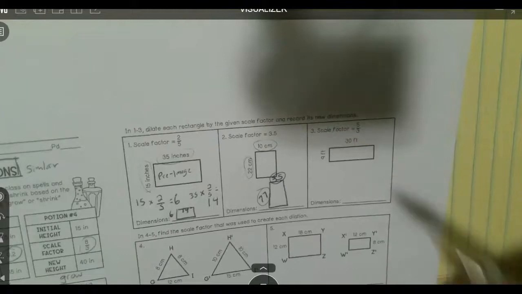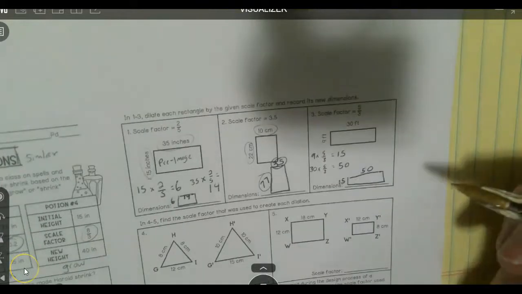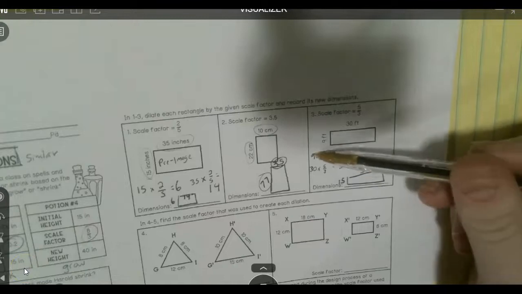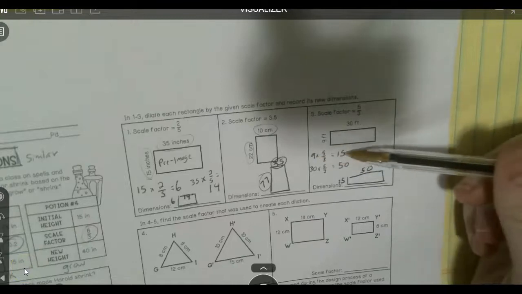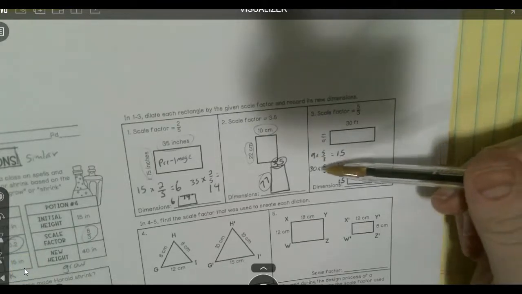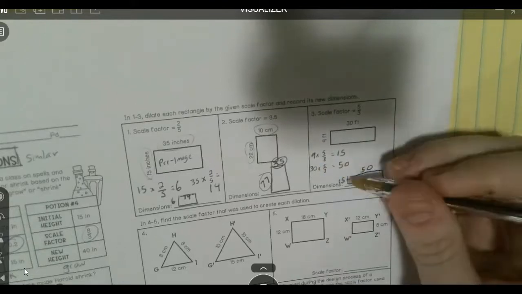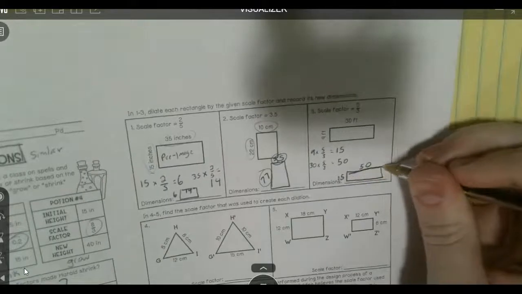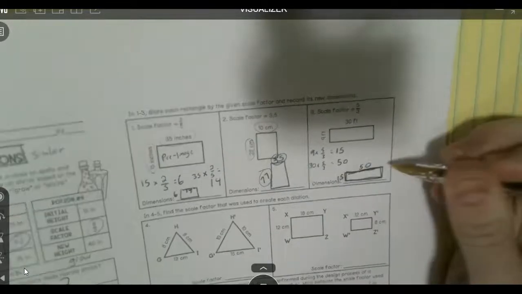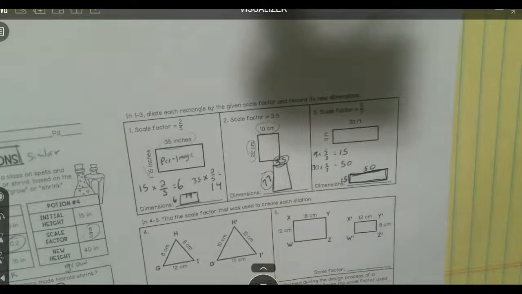Ready? Pause the video. Go. Okay, you should have gotten 9 times 5/3 is 15. 30 times 5/3 equals 50. So my new shape is 15 by 50. But wait a minute, I thought when we multiplied by fractions, the shape was supposed to get smaller.